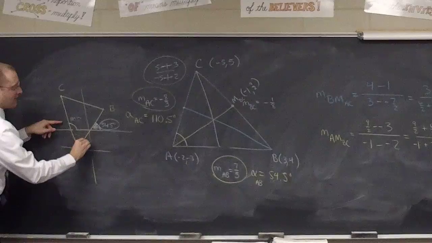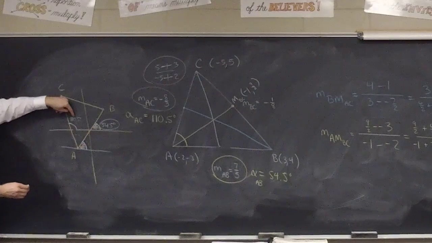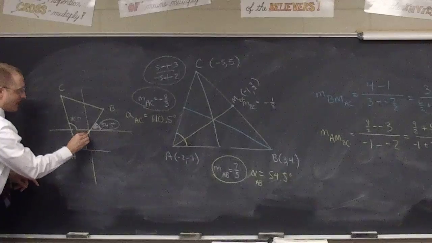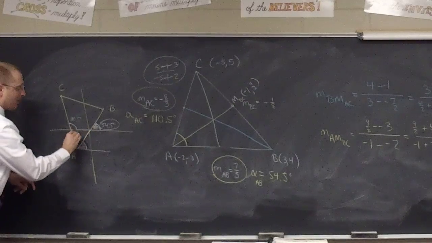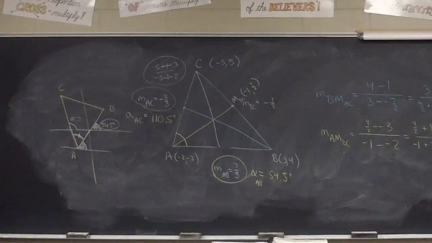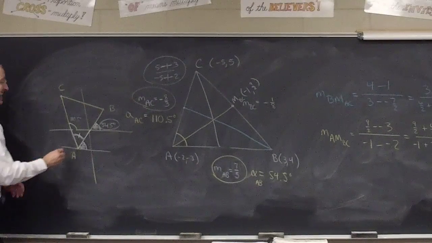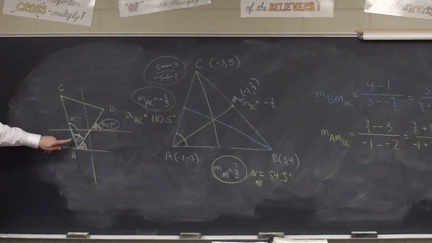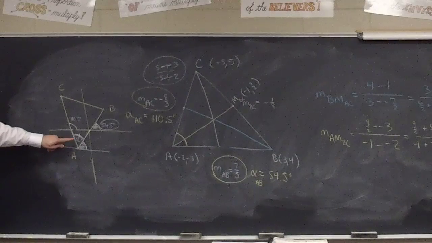And this is still going to be 110.5, correct? How big then is the actual angle A going to be? 56. Good, it's going to come out to almost exactly 56 degrees. You see how you can find angles of a polygon using angles of inclination.